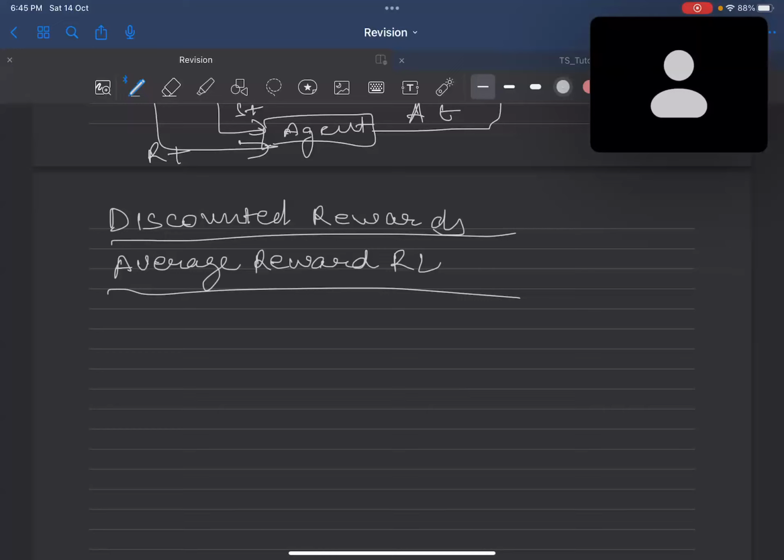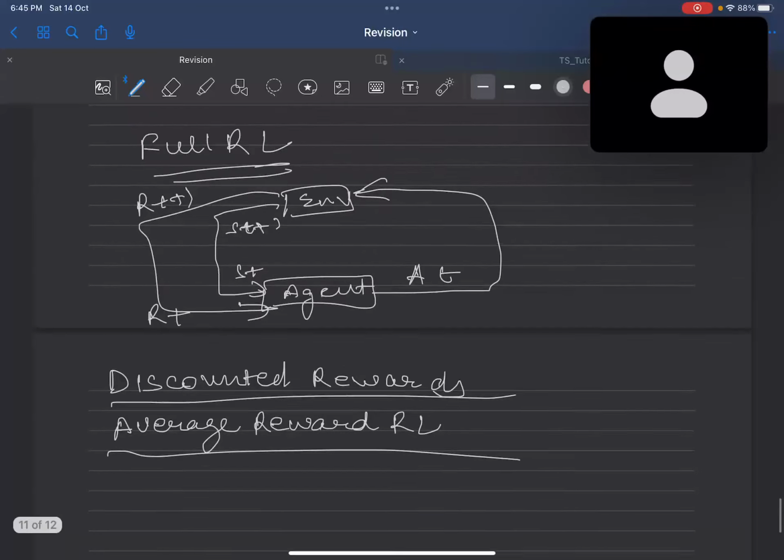I see. Actually, yes, that R_t and R_{t+1}, I get confused.